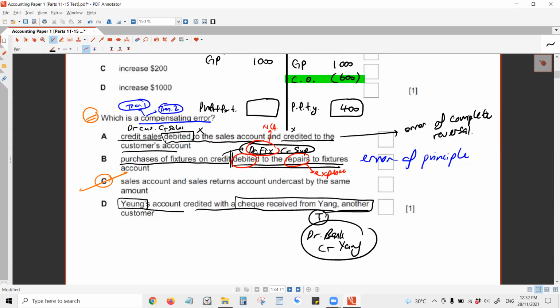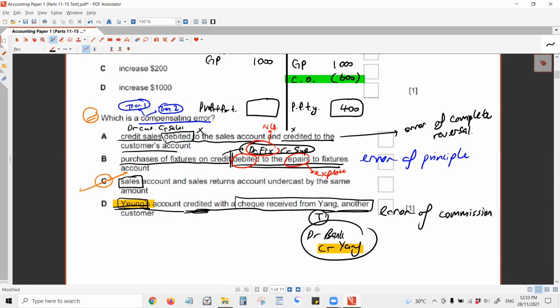But what they did, they credited Young instead. So both the wrong and correct account belong to the same category of item. Okay, because both are person's name, we say that they are in the same category. So this is error of commission. Okay. So which is the answer? For sure is C. No other options here.